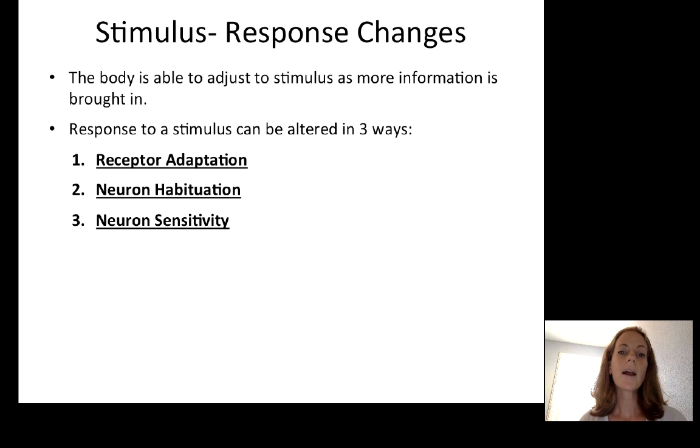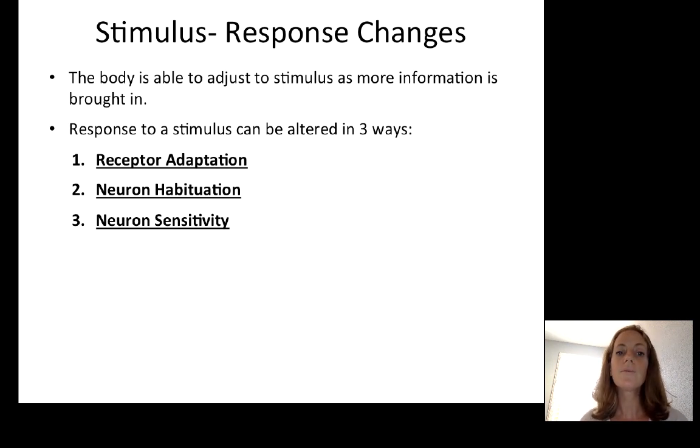So the body, or the brain more specifically, wants to keep track of new information. In general, we don't care much about old information, and there are many things that the brain decides to ignore if they are repeated over time.